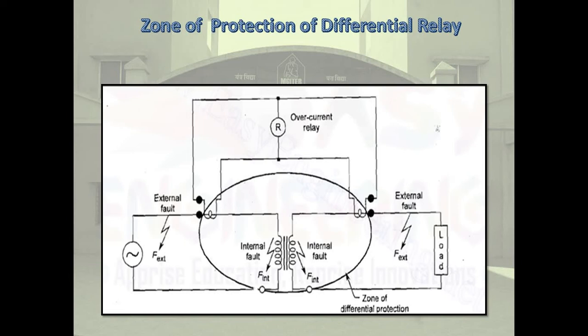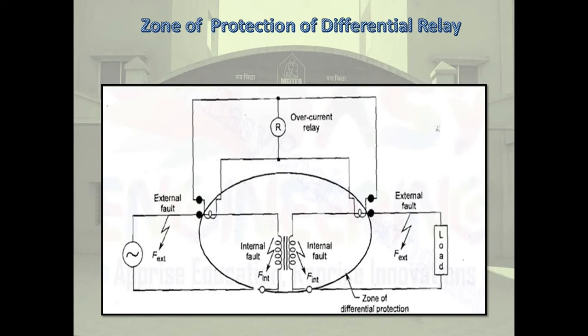If the two current transformers have the same ratio, like 10 by 5, 20 by 5, and are properly connected, the secondary currents are of the same magnitude and phase. The difference current is therefore 0, so no current will flow through the differential relay. Hence, the relay does not operate. If a fault develops in the protected zone, it is known as an internal fault, and the differential relay will operate.